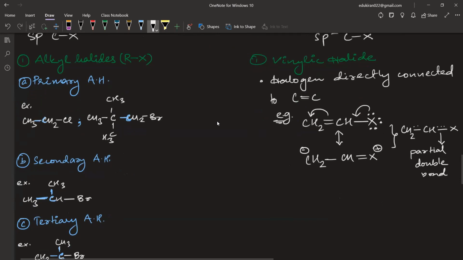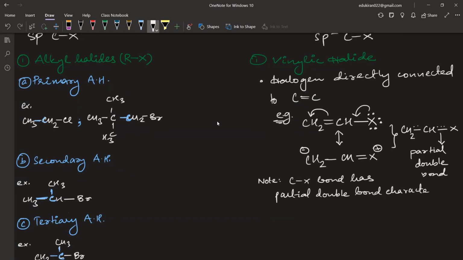So write a note here: CX bond has partial double bond character, hence tough to break.